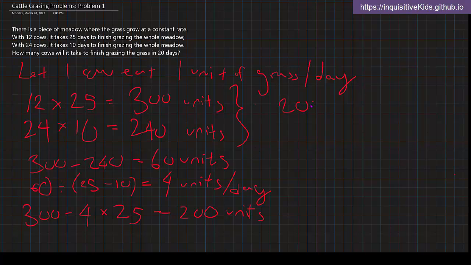Then we take this 200 and add 20 times 4. This 4 is the 4 units per day, the rate the grass is growing at, and that equals 280 units of grass.